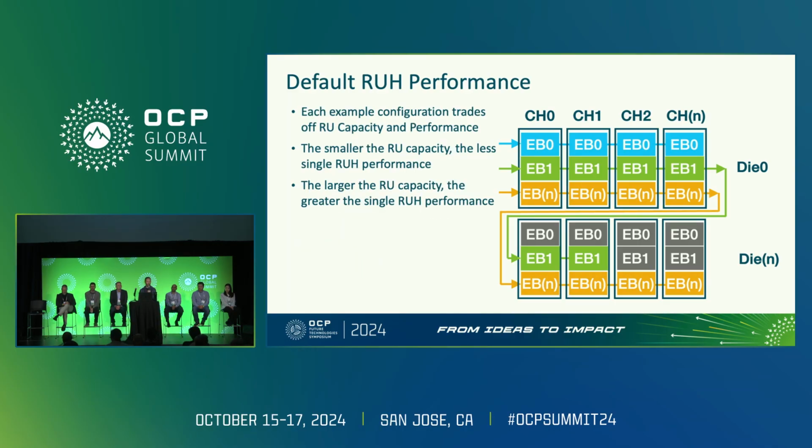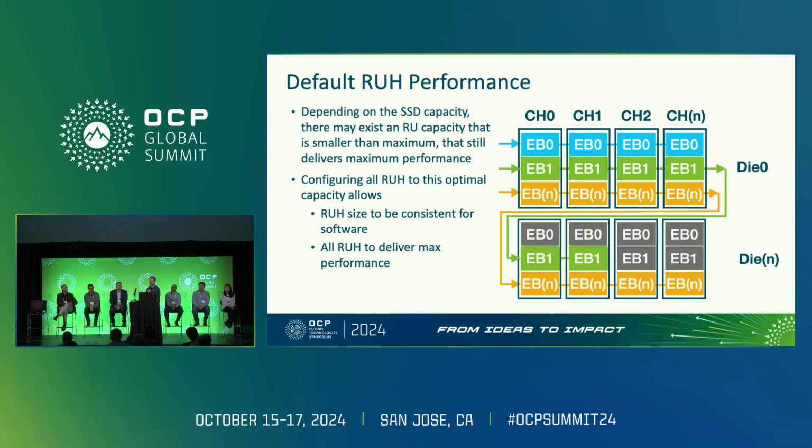So the reclaim unit size is a trade-off between capacity and performance. You may consider having a reclaim unit size for the default handle that's a full super block, but then smaller reclaim units for the remaining reclaim units. But this drives up complexity in both the SSD and the host software.